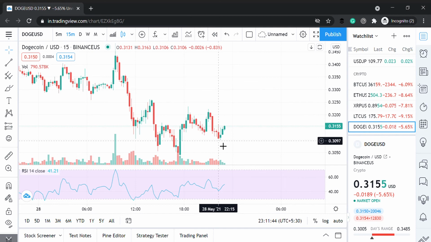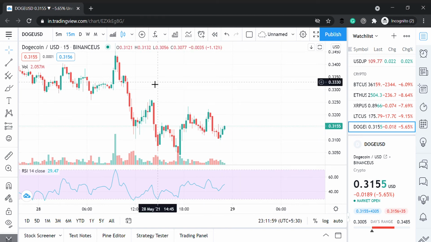So this is again a confirmation that by checking the volume or the shape of the candle, we predicted that the price will go up, and the RSI is also telling us the price is going up. That's a good sign for us.